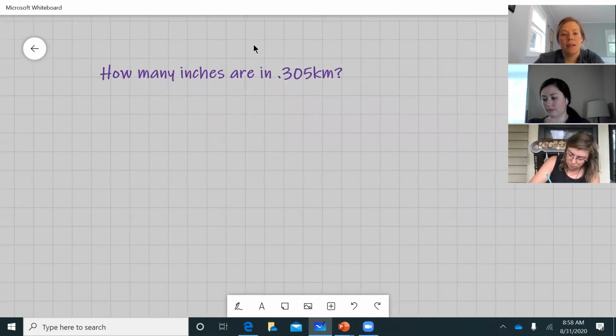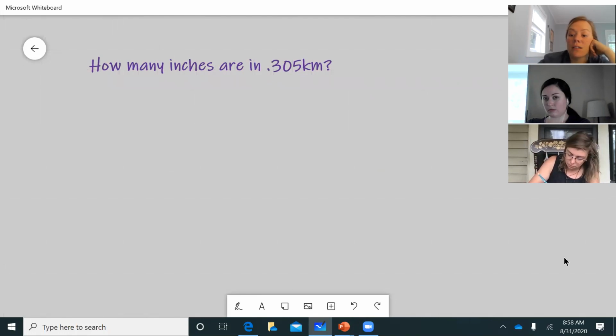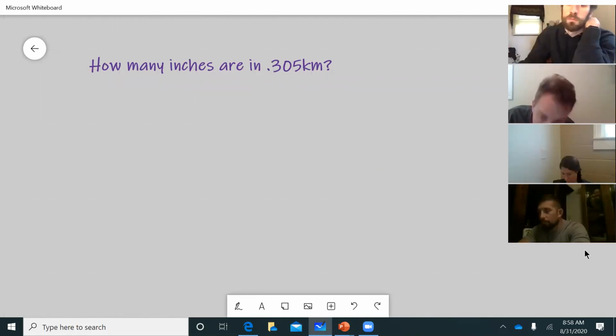This is a multi-stepper, and there are different ways of approaching it. People attack these conversions in different ways, depending on what information and values you know. If you happen to know how many inches are in a mile, you could convert from inches to miles and then miles into kilometers. I probably wouldn't go that way, but the other people around you may do it a little differently.